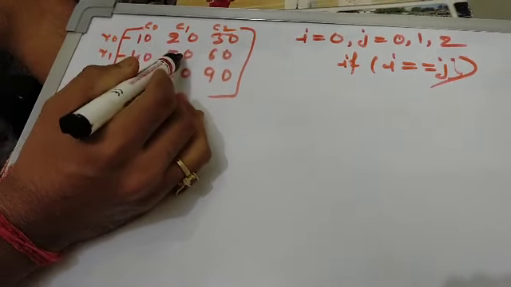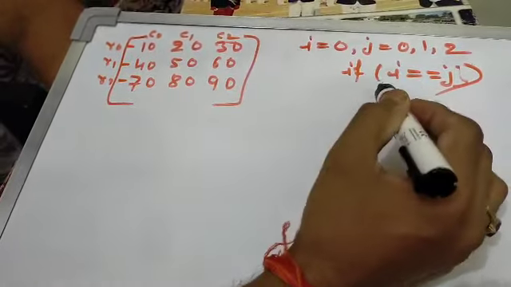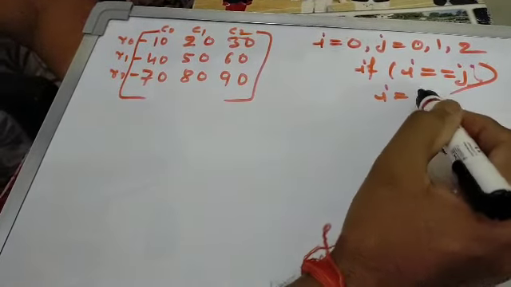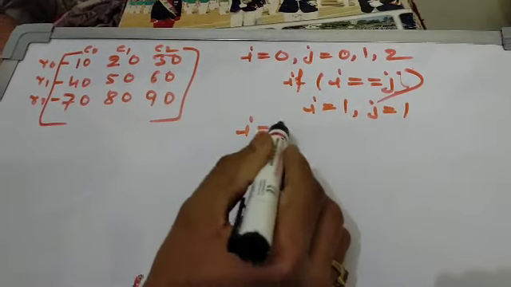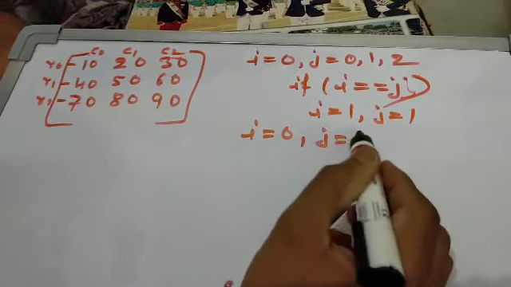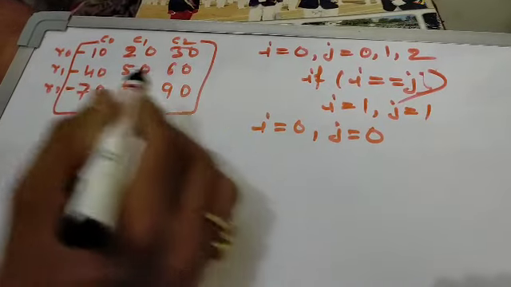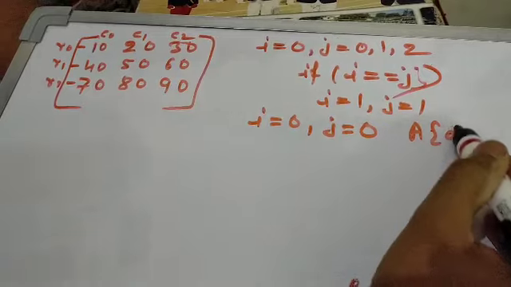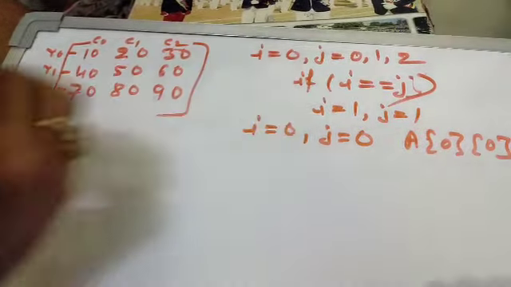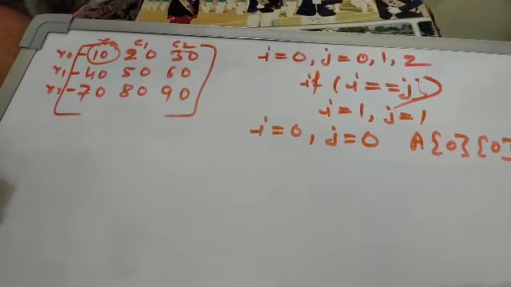So i is equal to j means, for example, i is 1 and j is 1. First of all, i will be 0 and j will also be 0. So the element which exists at a[0][0] will be considered.